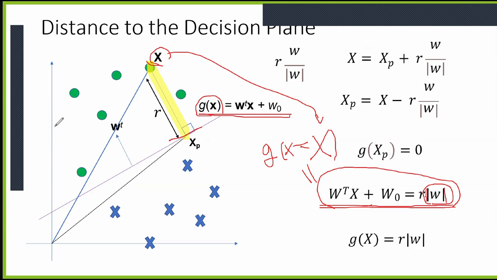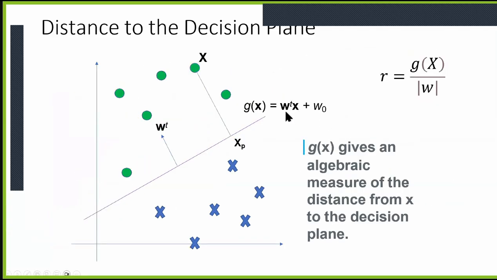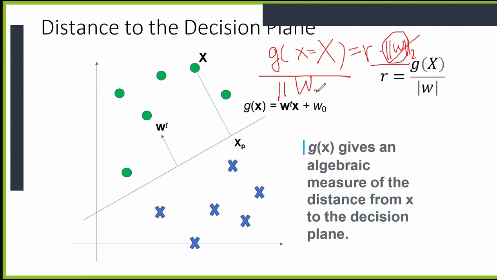So that is the reason why, in the next slide here, up until the previous slide, I think we're clear that g of x, the right-hand side term, is the scaled distance, and to get the true distance, we want to normalize it by dividing it by the L2 norm.